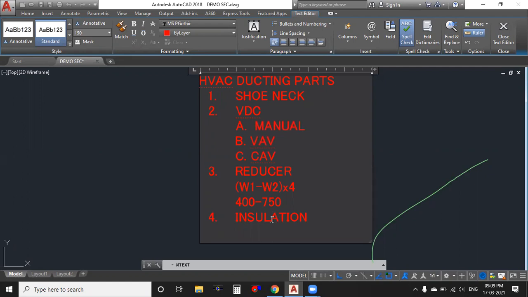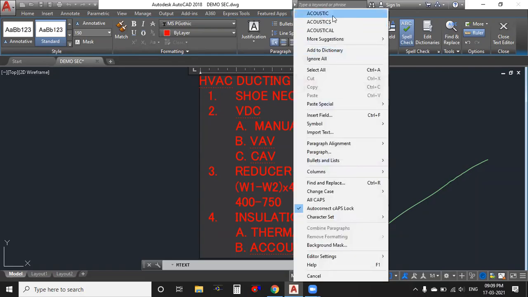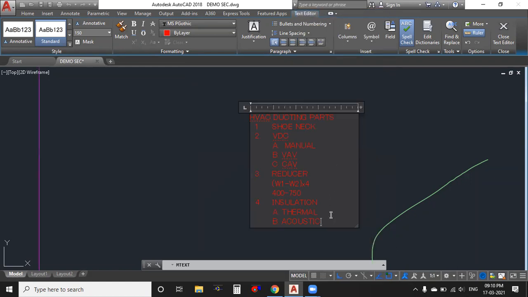Insulation, again insulation we are having thermal insulation and acoustic insulation.